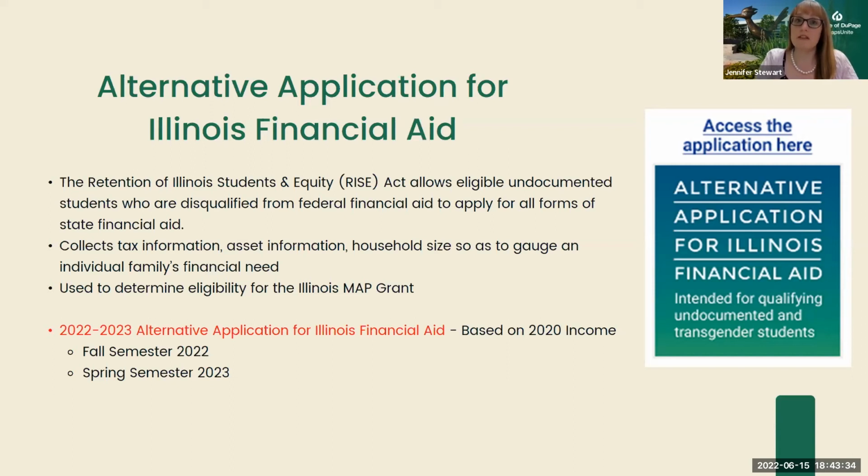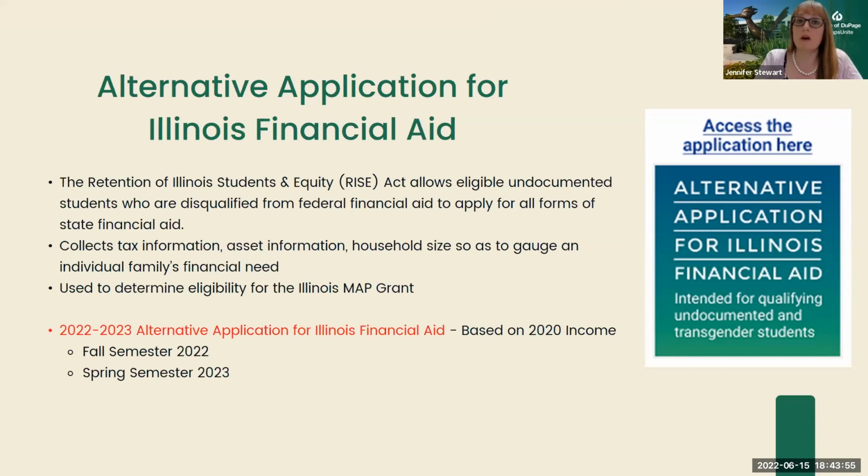So students that file the FAFSA are automatically applying for that Illinois MAP grant plus all those other federal programs. Students that complete this alternative application for Illinois financial aid are only applying for that one Illinois MAP grant. So it's not being processed for any type of federal benefits as well.